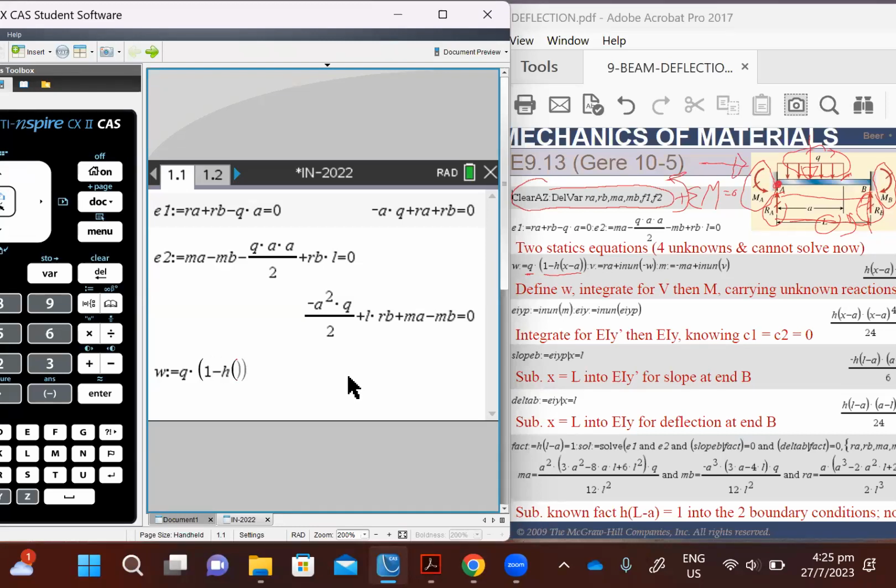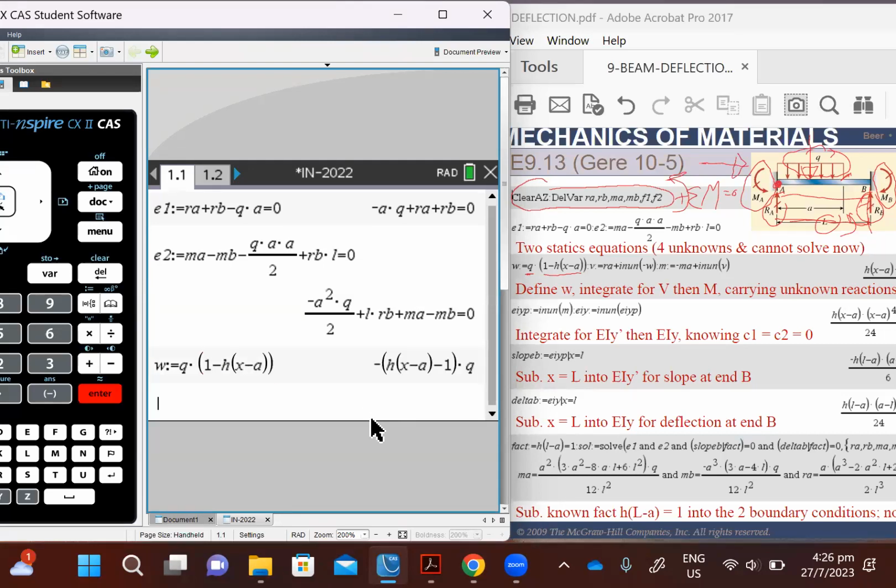So 1 minus h of X minus A, right? Because when X goes beyond A, the step function is turned on and deducted from 1, so you get 0 left in W, once X goes beyond the required A meters.